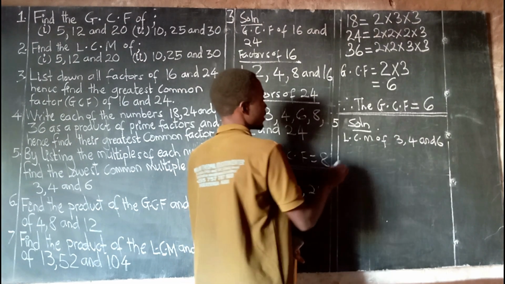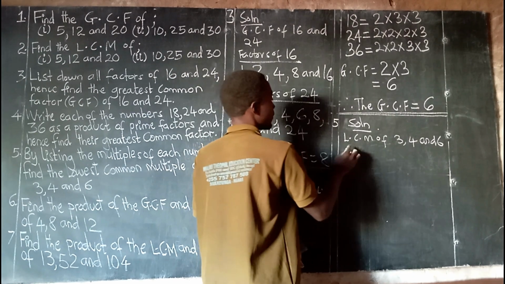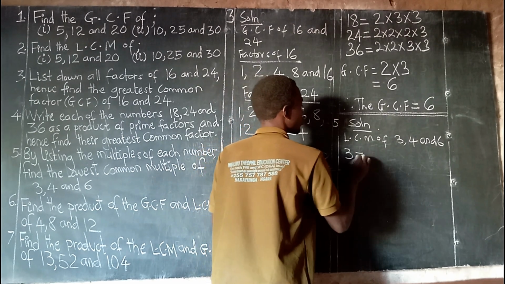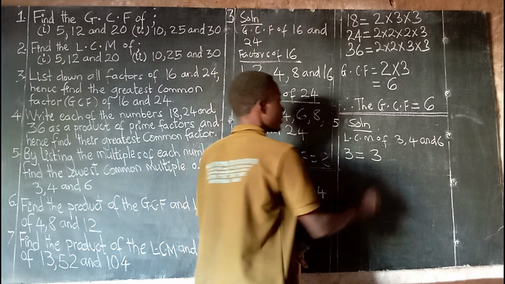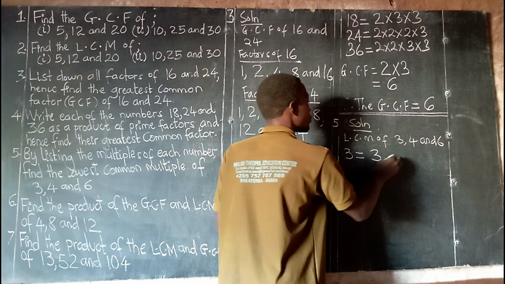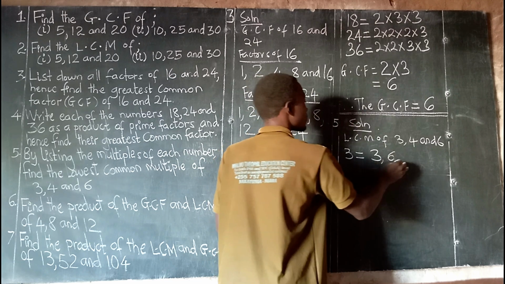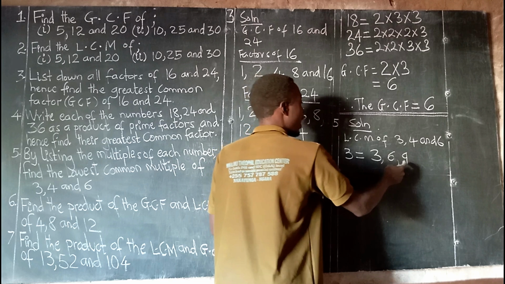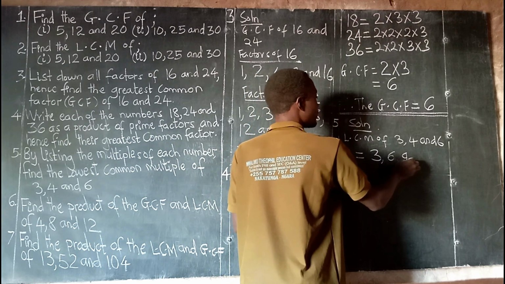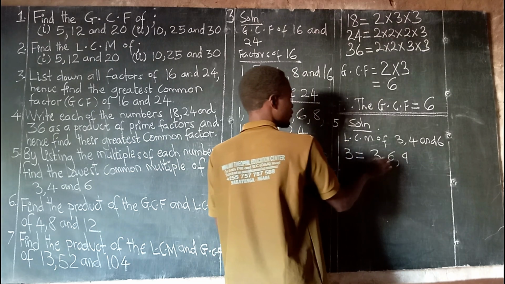Let us start. The multiples of 3 will be equal to 3. We start with the given number 3. We multiply it by 2, we get 6. When you take 3 times 3, we get 9. In short, after each step, to get the next number, you add the first number.